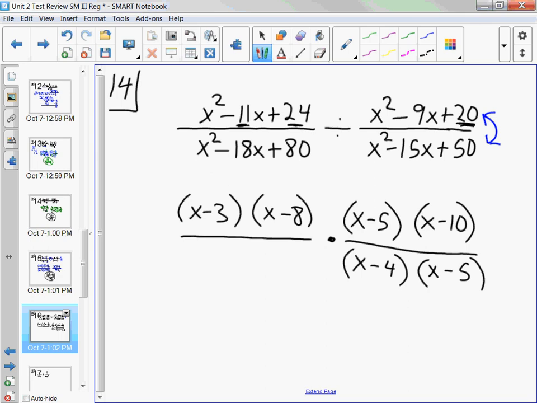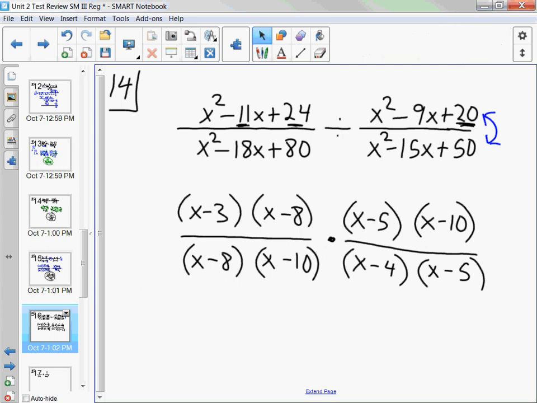Negative 3 times negative 8 is a positive 24, and negative 3 plus negative 8 is negative 11. And on the bottom, looking for two numbers that multiply to get 80 and add together to get negative 18. Those are probably going to be negative 8 and negative 10. Negative 8 times negative 10 is 80, and negative 8 plus negative 10 is negative 18.